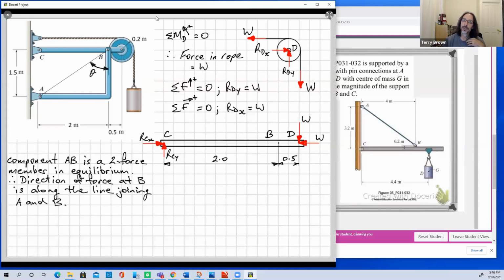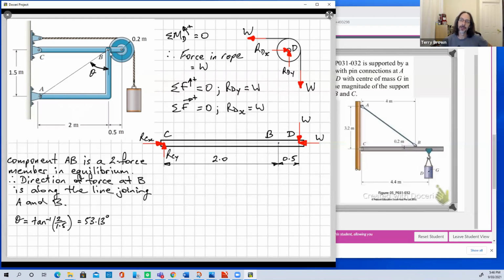So there's our line joining AB. We just have to do some trigonometry to find this angle. It's just inverse tan of 2 over 1.5, so opposite over adjacent. And for those of you who are on the ball with your 3, 4, 5 triangles, you'll recognise that again this is a 3, 4, 5 triangle.